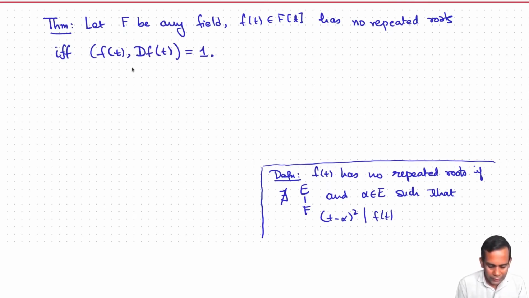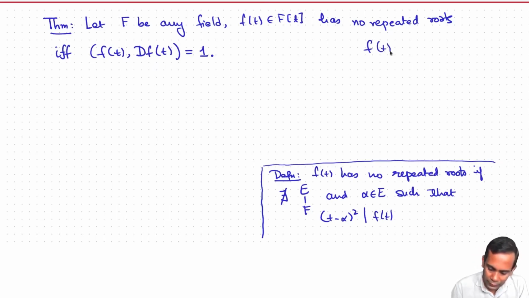So let me just recall, we discussed in Algebra 1 what these things are. The ring of polynomials, they form a principal ideal domain. In fact, they form a Euclidean domain. And since it's a principal ideal domain, if you take the ideal generated by f(t) and df(t), that is going to be a principal ideal.